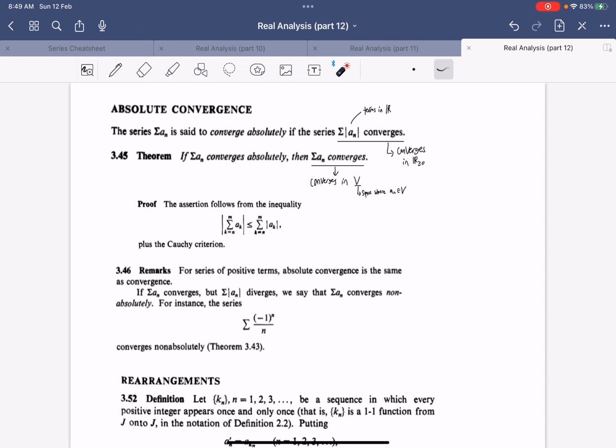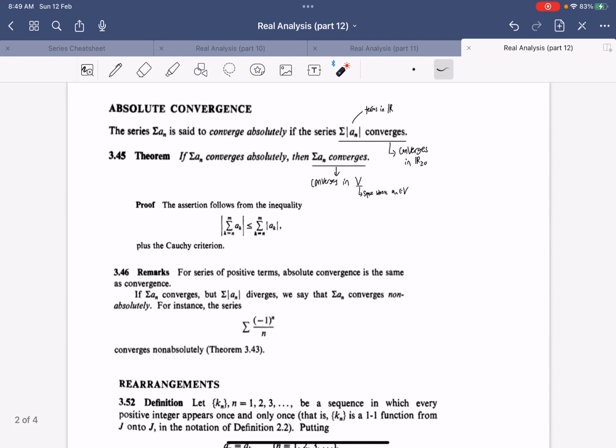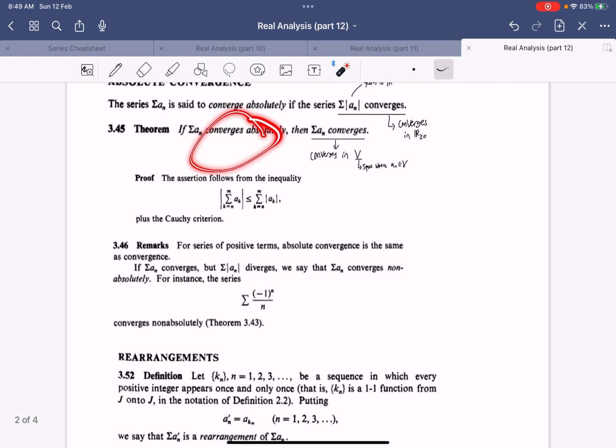And if the series converges but does not absolutely converge, then we say it's a non-absolutely convergent series. So it's possible to converge but not converge absolutely. With that idea, whenever we have absolute convergence, we can always talk about normal convergence, but not the other way around.